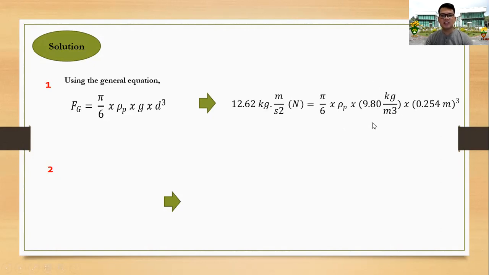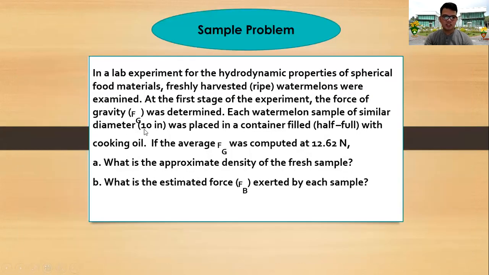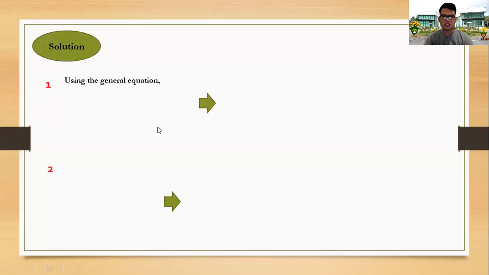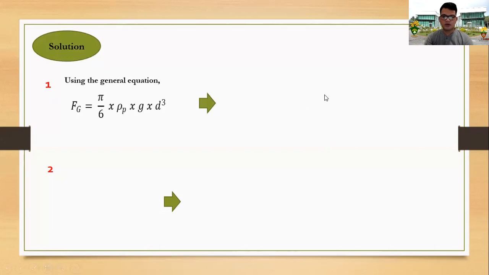Times the 9.80 gravitational acceleration times 2.54. So what is 2.54? It is the diameter. In 10 inches, you convert it into meters, so it becomes 0.254 meter.